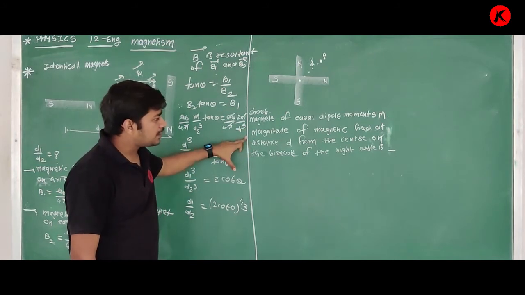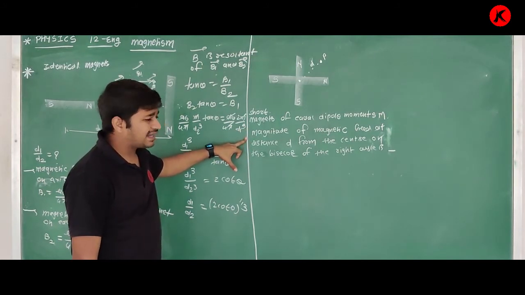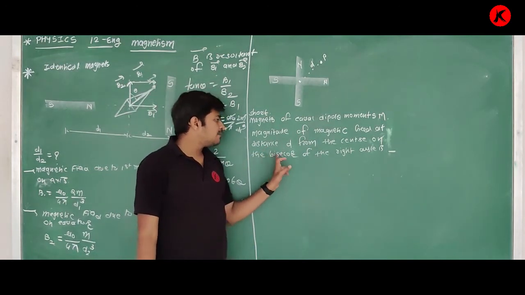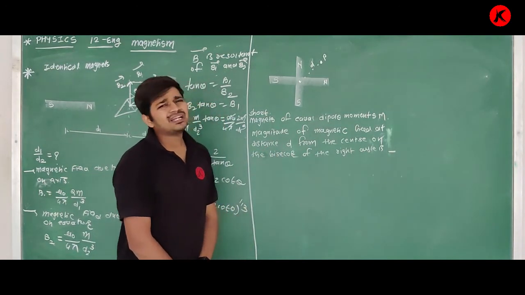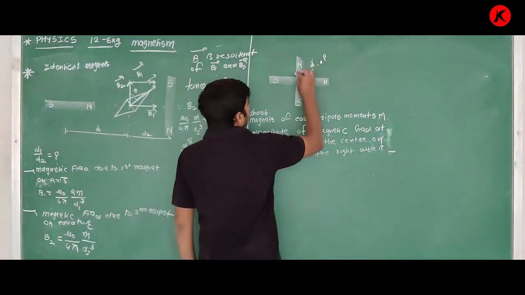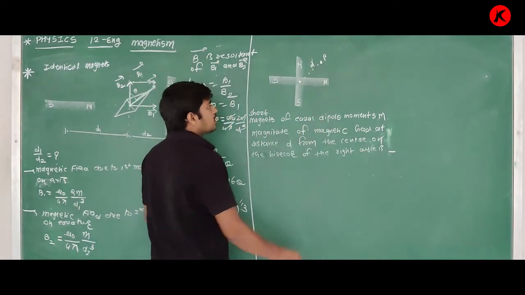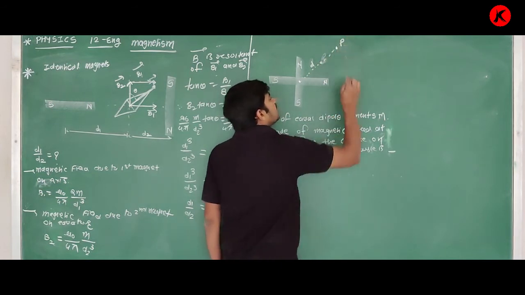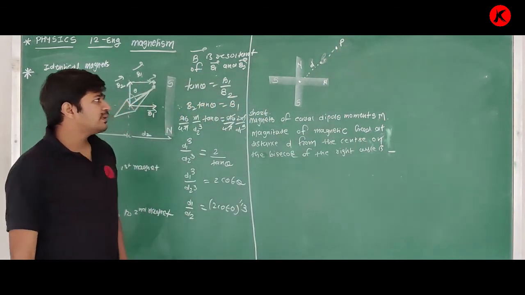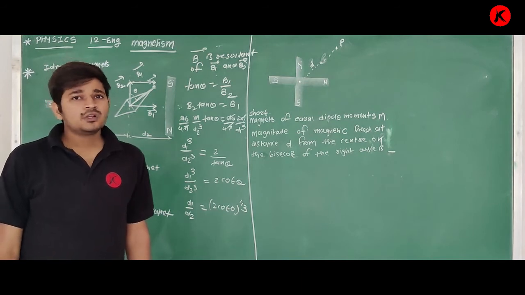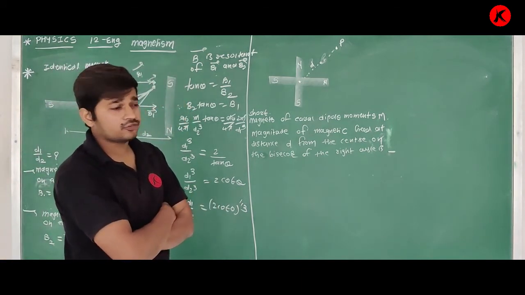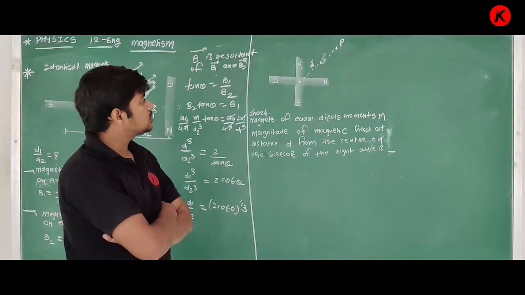You have to find the magnitude of magnetic field at distance d from the center on the bisector of the right angle. On the bisector of the right angle means, see, the angle between them is 90. On the bisector means at this point, point P, you have to find what is the magnetic field. Now this point is not on the axis, not on the equator.